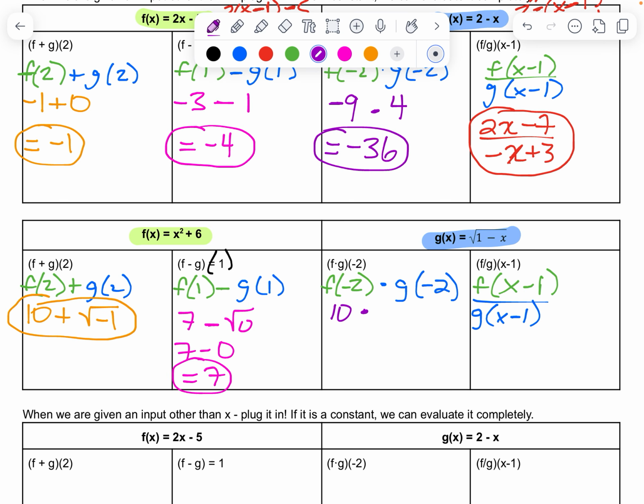So 1 minus -2 would be 1 plus 2, and so we would have the square root of 3. Again, for now, let's just keep it as is there. So I have 10 square root of 3 as my final response for that.